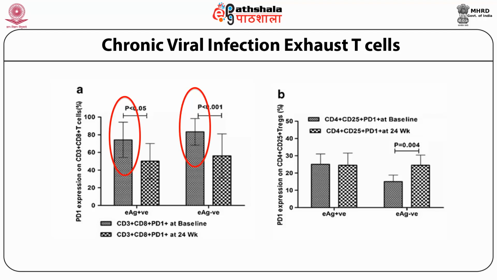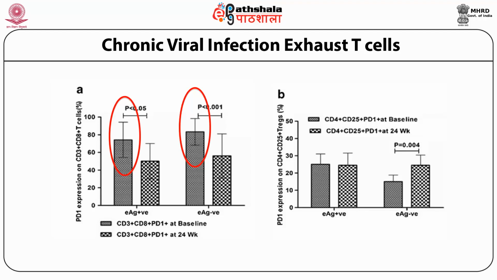It means the T cells before therapy are exhausted, because I explained in the earlier slide that PD1 is the programmed death receptor. If the cells have PD1 expression, those T cells will become exhausted and non-functional.